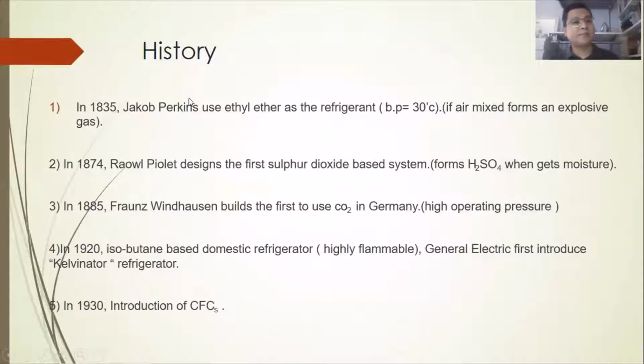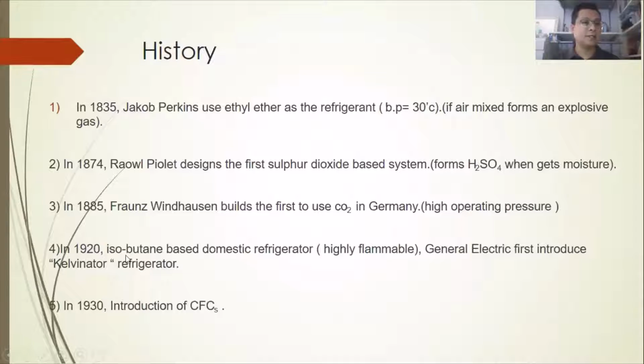Okay, from history, in 1835, Jacob Perkins used ethyl ether as the refrigerant, and then in 1874 Raoul Pictet designed the first sulfur dioxide system. Then we go to 1885, Franz Windhausen built the first to use CO2, carbon dioxide, in Germany.